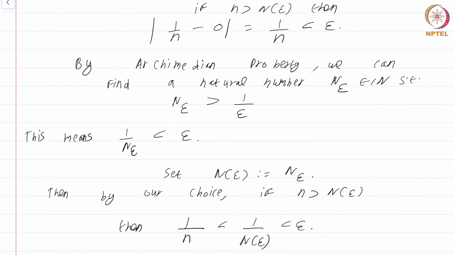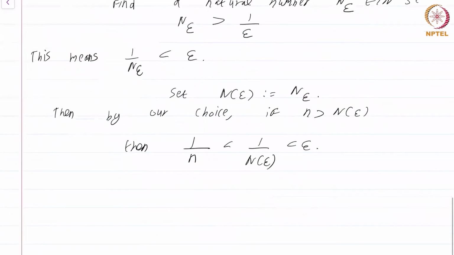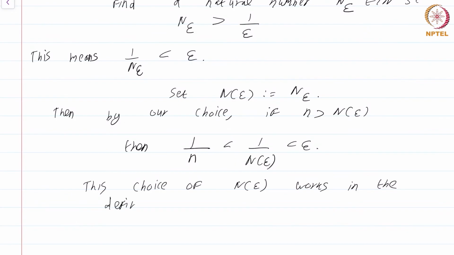So this choice of N of epsilon works in the definition of convergence. The net upshot is we have found a function N of epsilon that does the job for us, and we have used the Archimedean property to do it.